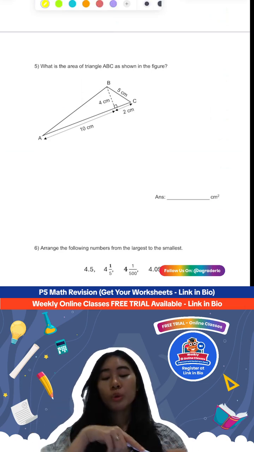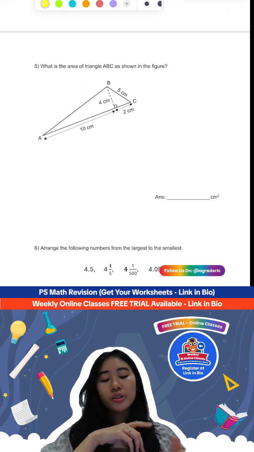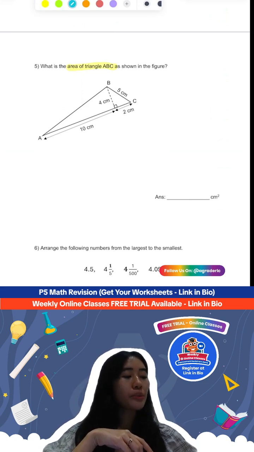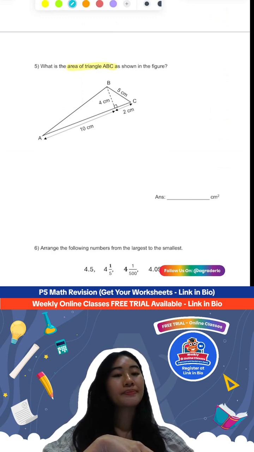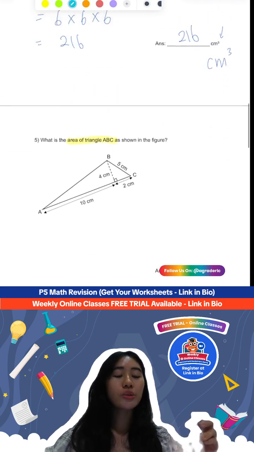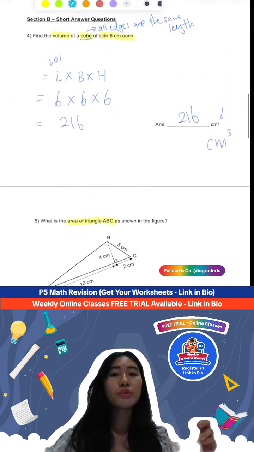All right, so we're moving on to number 5, which is area of triangle. I'll give you some time to solve this first. Oh, sorry, YZLX, you're still copying, is it? No problem. Let me scroll back up for you.